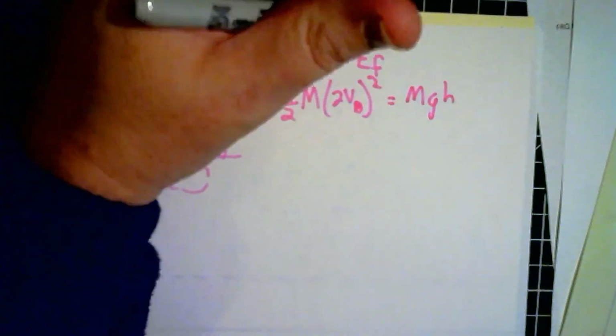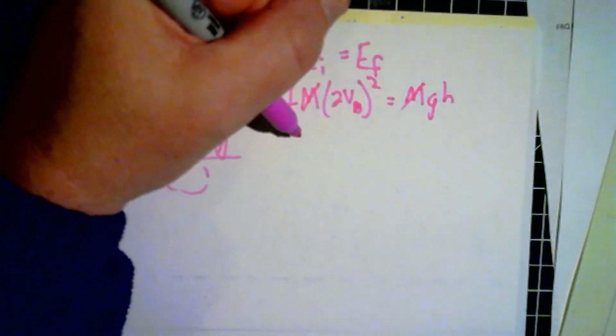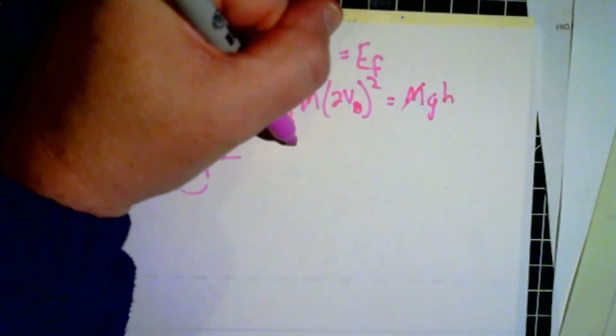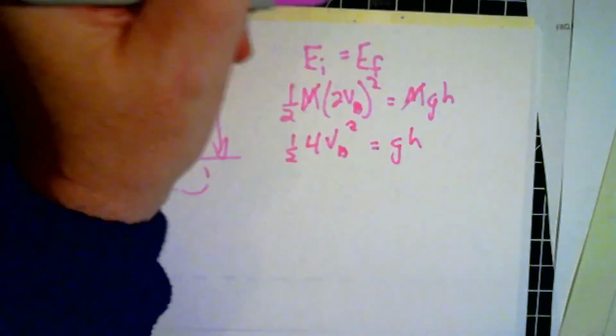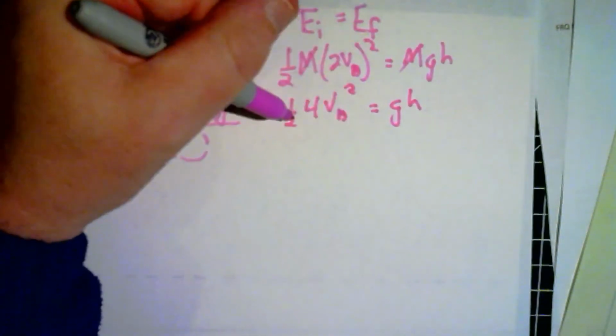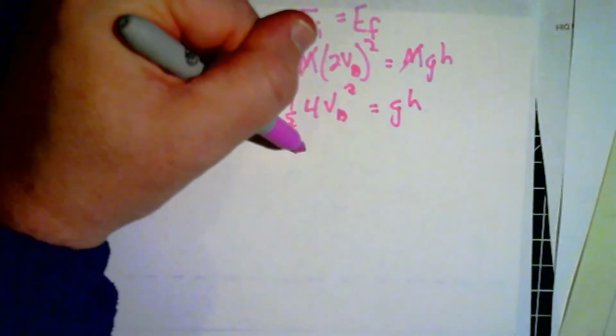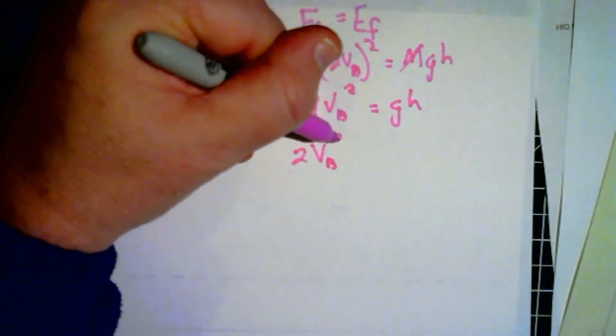And that equals mgh. And so our m's can cancel. 2 squared is 4. So I'll have 1/2 times 4 VB squared equals gh. 1/2 times 4 is 2, so I got 2 VB squared is equal to gh.